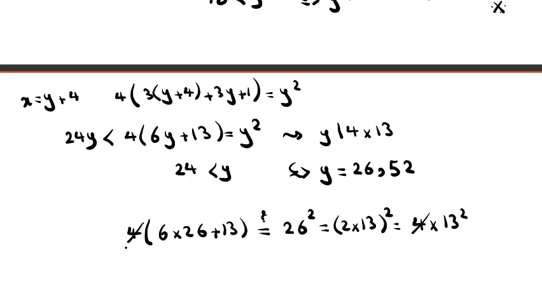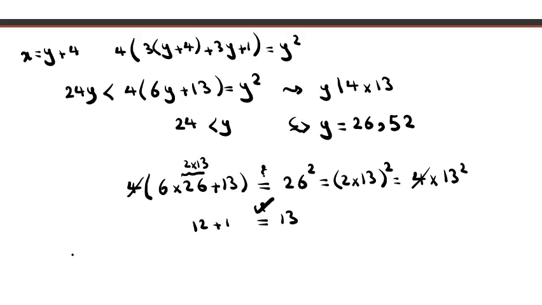If we divide both sides by 4, then we will have these things. If we divide both sides by 13, then we have 2 times 13, 6 times 2, 12 plus 1. Is it equal to 13? Yes, we see it is equal. So we found one answer: y equals 26 and x equals 30.